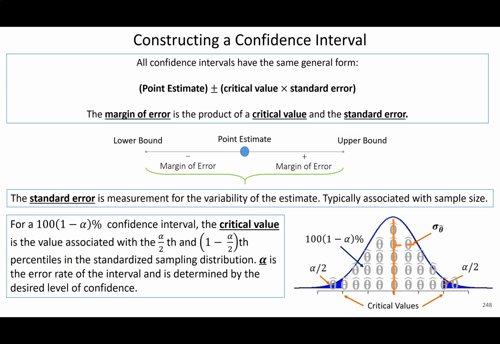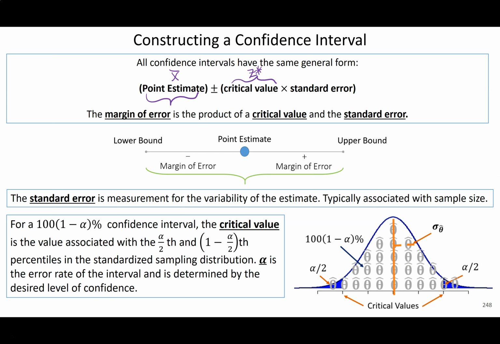So the structure of a confidence interval: they're all going to have pretty much the same general form. Our point estimate, if we're doing a single mean, this will often be x bar. If you're looking at a proportion, it'd be p hat, that kind of idea. Critical value: so far we had z stars.